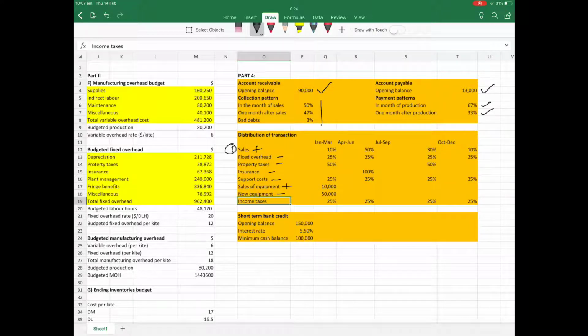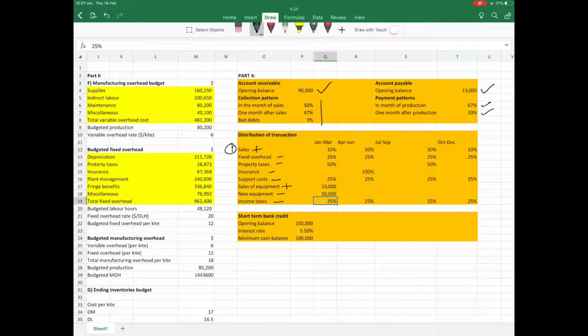The income taxes are paid evenly throughout the 4 quarters. So that is 20% each quarter. It is also a cash outflow. What they do is estimate the amount of net profit, and then estimate the amount of income tax expense, and then divide that into 4 equal parts and pay that evenly throughout the 4 quarters.